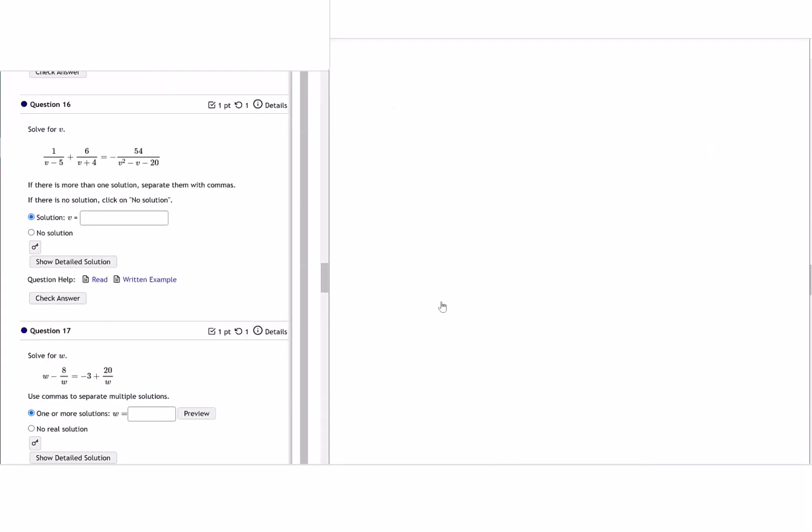Number 16. Solve for V. 1 over V minus 5 plus 6 over V plus 4 equals negative 54 divided by V squared minus V minus 20. Now, to find the least common denominator, we're going to do exactly what we've always done. We factor, we see what's in common, and we make them the same. The only thing here for me to factor is the V squared minus V minus 20.